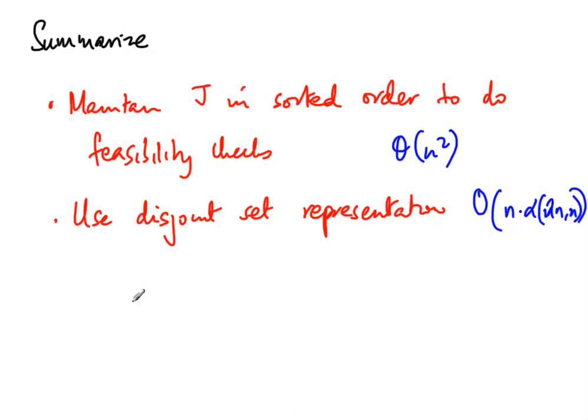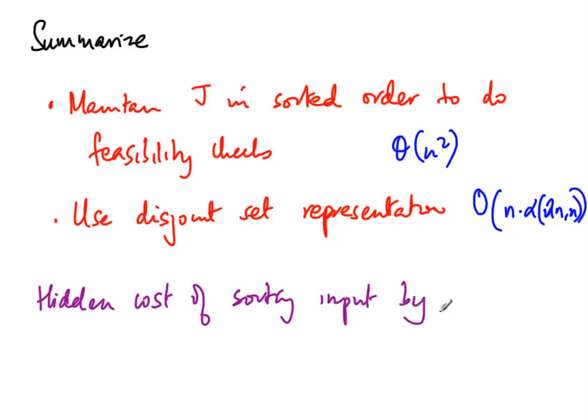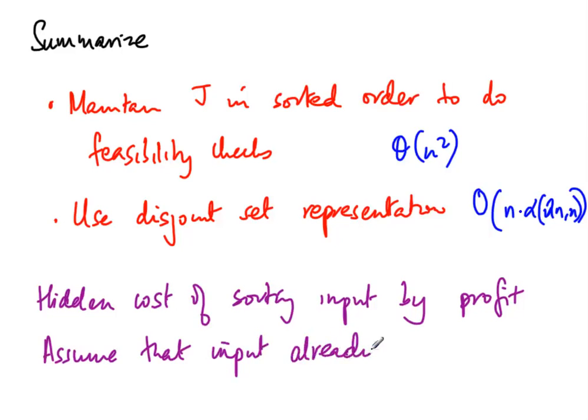Now, of course, there is this hidden cost of sorting the input by profit. Implicitly we assumed that the input is already sorted. So if we have to sort it ourselves, there is an n log n cost which will dominate this disjoint set cost. But if you assume that the input is already sorted, then we can disregard that, and therefore we get an algorithm which is almost linear if we use this clever representation.